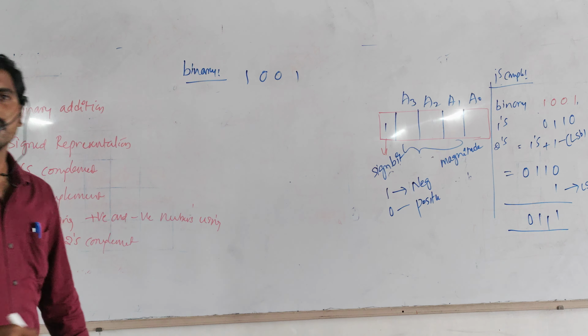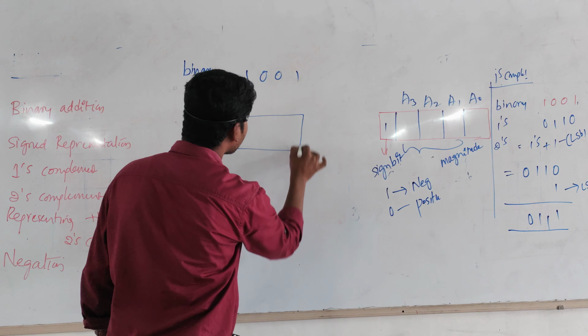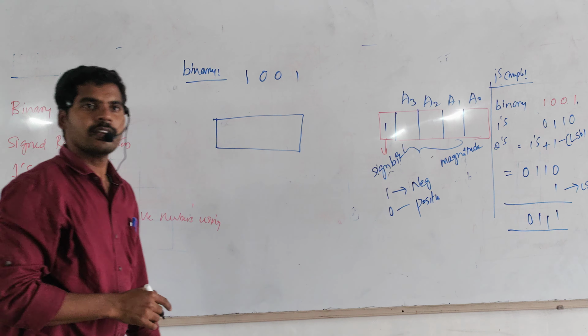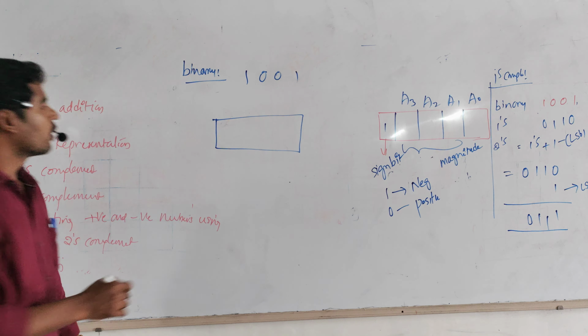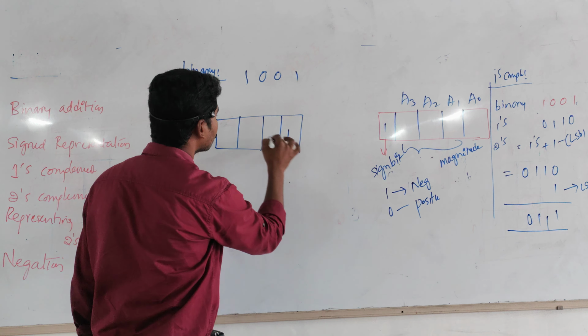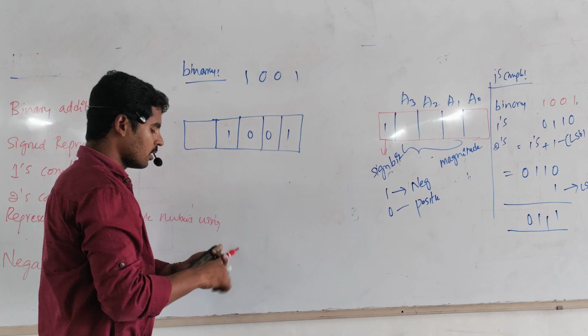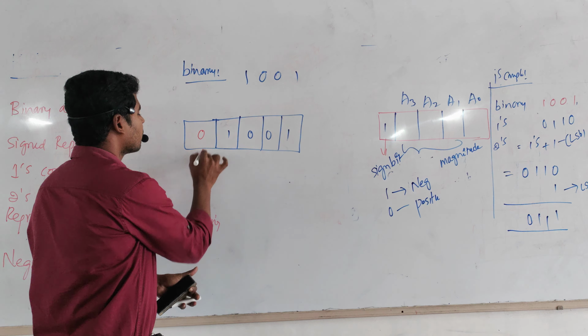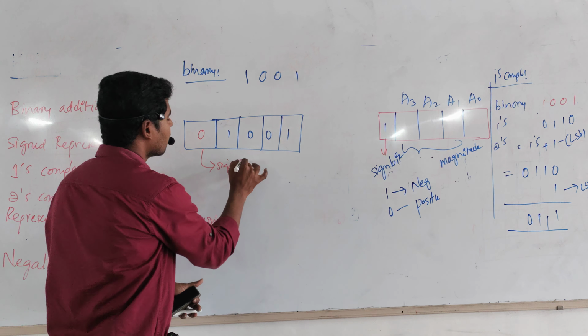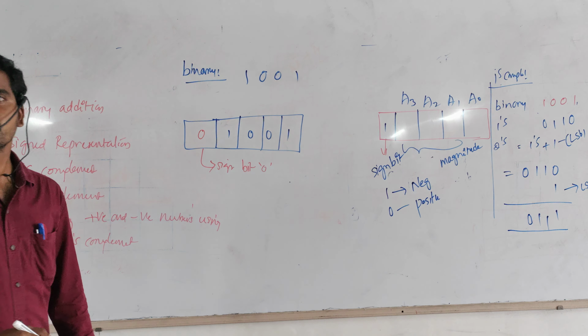In the 2's complement format it can be represented as 0 1 0 0 1, which is 9. That number is a positive number. You can directly represent 9 with the corresponding number 1 0 0 1, and the sign bit is 0, so it is a positive number.